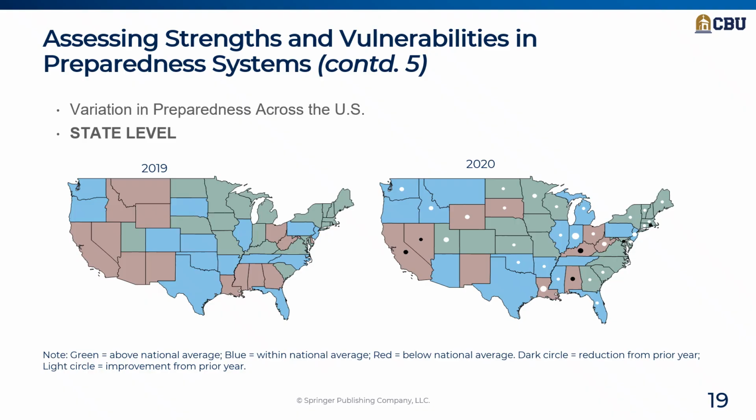Here's another visual. We're looking in this case at preparedness levels between 2019 and 2020. Overall, preparedness levels improved in 29 states, while preparedness declined in 7, and remained relatively unchanged in 15 states. And a total of 10 states had health security levels that fell significantly below the national average.